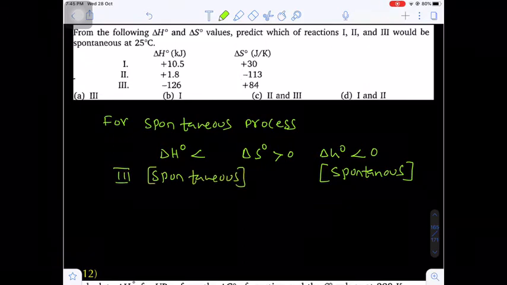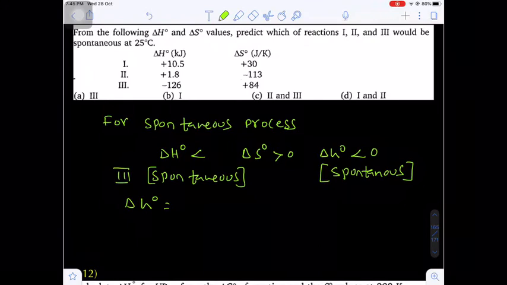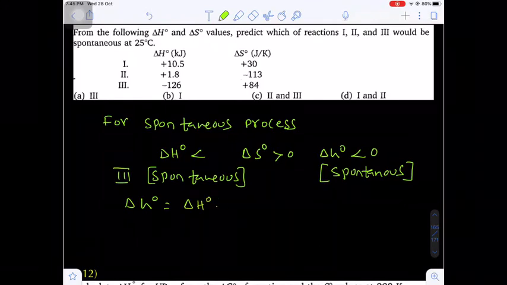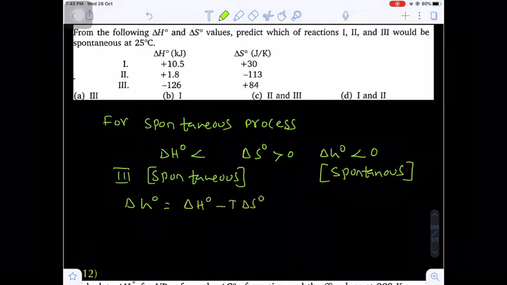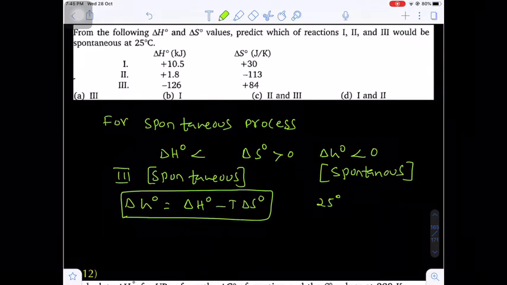Are you getting me? Otherwise, you can find the delta G naught value. How to find the delta G naught value? Delta G naught is equal to delta H naught minus T delta S naught. Okay. Now what is the temperature value here? Standard temperature is given as 25 degrees, that means plus 273, so finally you get the temperature as 298 Kelvin.